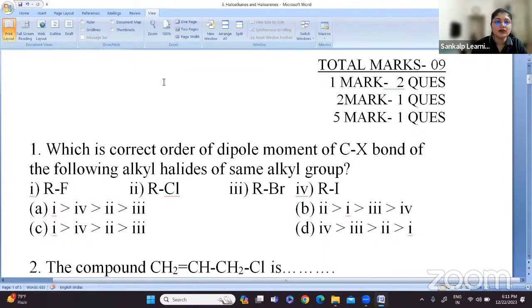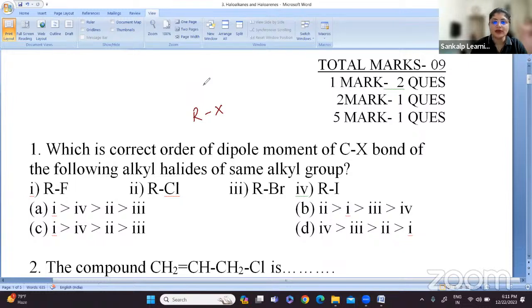For a particular molecule, the dipole moment is determined by the magnitude and direction of the individual bond dipoles within the molecule. In the case of haloalkanes, it is represented by the R-X bond.